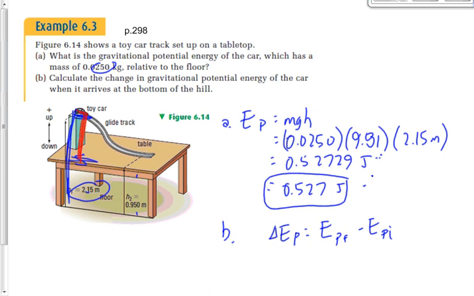The final potential relative to the floor is mghf minus mghi.